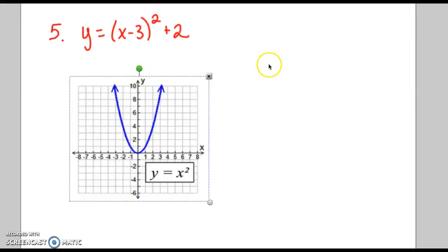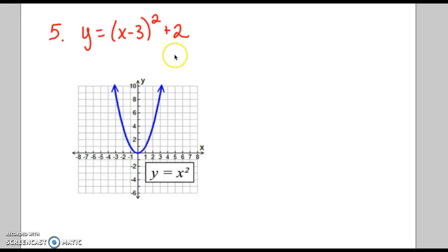Okay, so this last example, y equals (x minus 3) squared plus 2. The same rules apply. What's in parentheses tells us it shifts right or left, and then the number added or subtracted at the end tells us it's translated up or down.